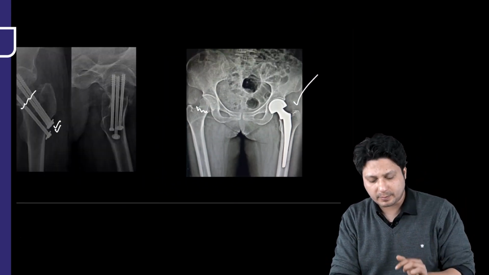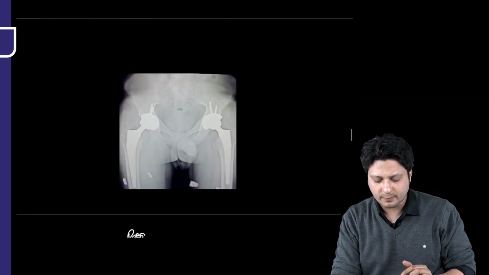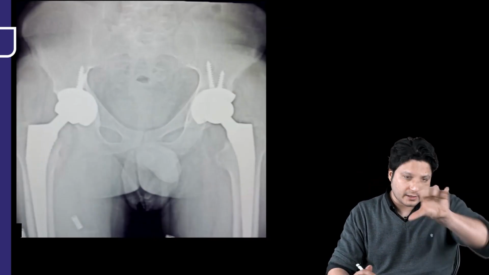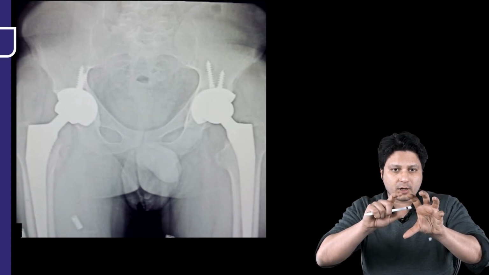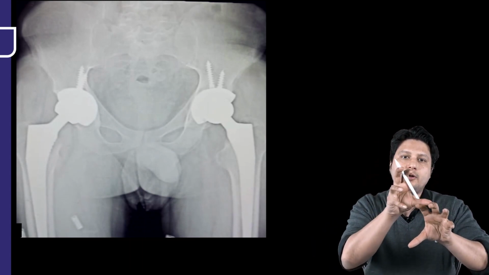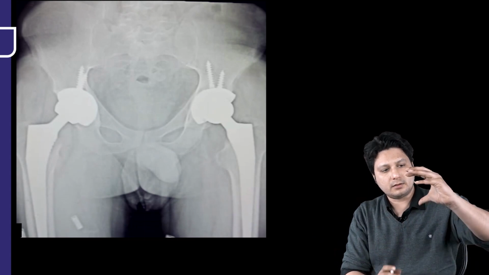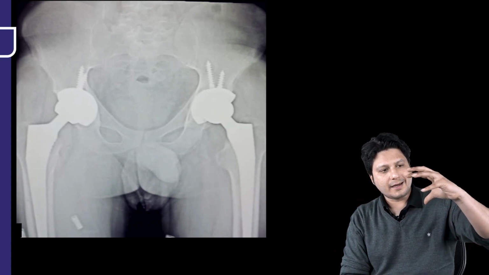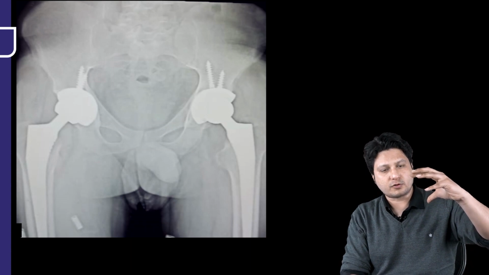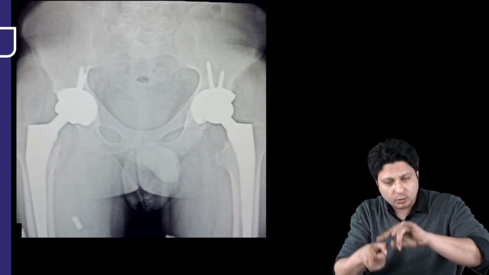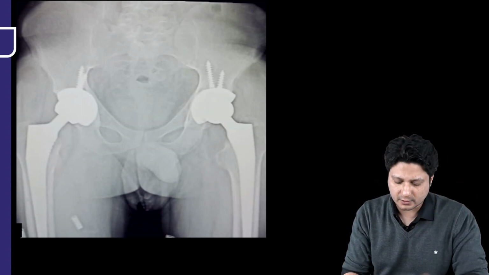In total hip replacement, you are not only removing the head as well as neck, but you are also preparing the acetabulum, and the acetabular cup is fixed onto the acetabular cavity. So you are creating an implant articular surface on the acetabulum as well as for the head of the femur. That is total hip arthroplasty. That is the difference between the two.